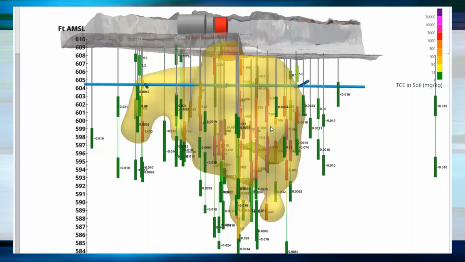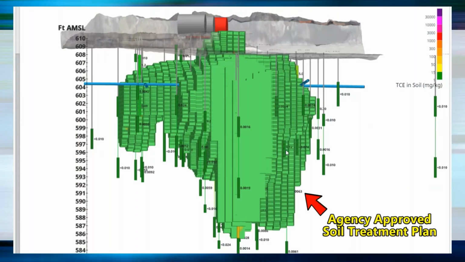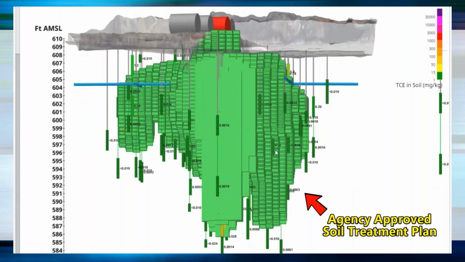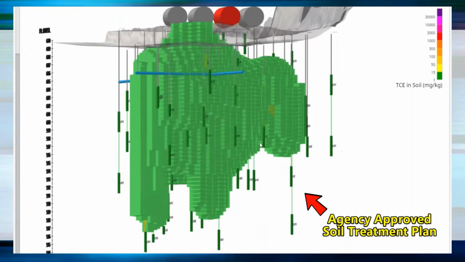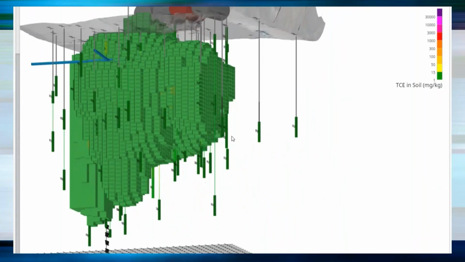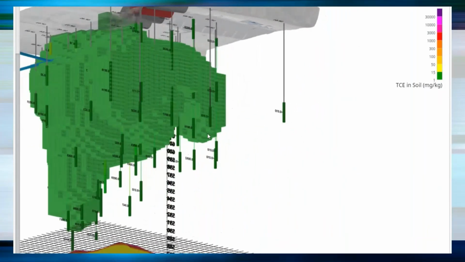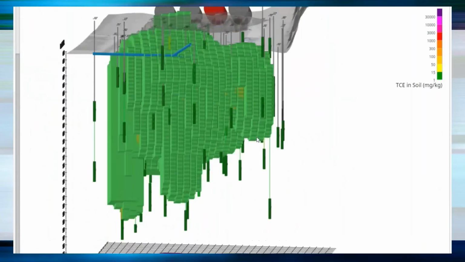Now back to our 3D model showing where the impacts are located above 15 milligrams per kilogram. And we were able to use 3D modeling to generate a concise soil mixing plan, basically of 5 by 5 foot squares of where we were going to be mixing. And as you saw down there, this was approved by the regulatory agency.